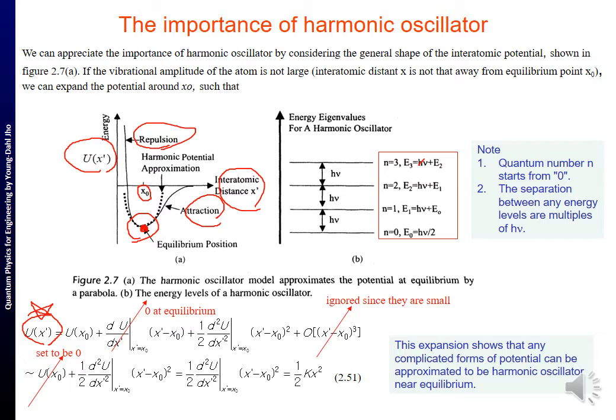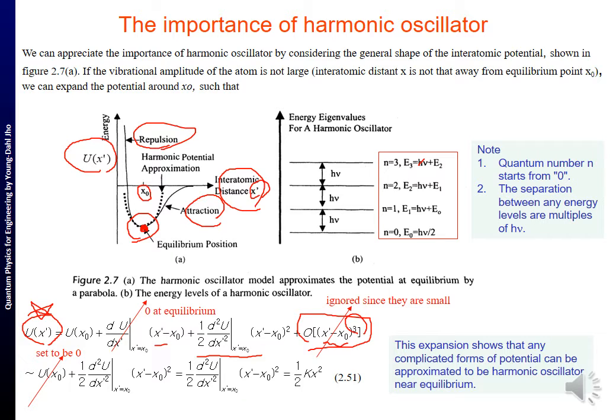So we expand the potential U(x prime) near x0: U(x0) plus dU/dx prime, where x prime is the independent variable, times (x prime minus x0) for first order, and then the second order part is half d squared U/dx prime squared times (x prime minus x0) squared, then higher order components. But here we consider x prime near the equilibrium position, the minimum potential position.